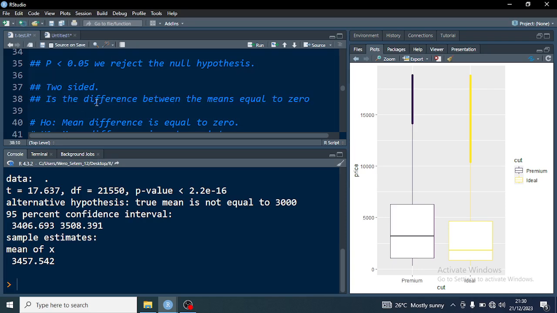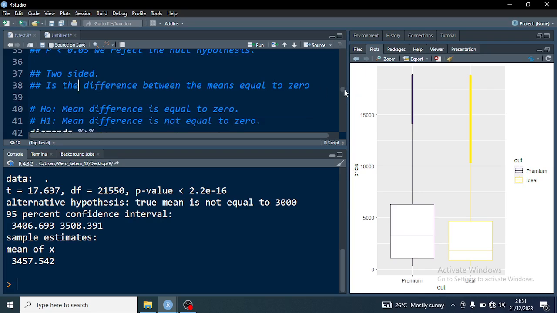Is the difference between the means of two categorical variables different? So here we'll use the premium and the ideal diamonds. So I want to test the difference.